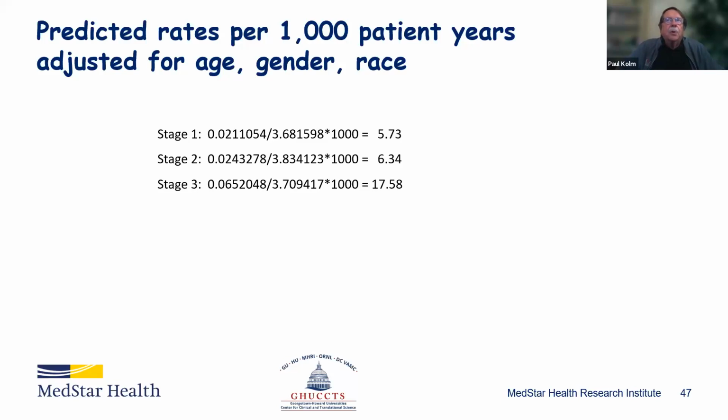So what that means is that for stage 1, we have 5.7 strokes per 1,000 patient years. For stage 2, 6.3 strokes per 1,000 patient years. And then you can see why stage 3 was significantly different from both stage 1 and stage 2, in that we have nearly 8, or 17.5 strokes per 1,000 patient years.